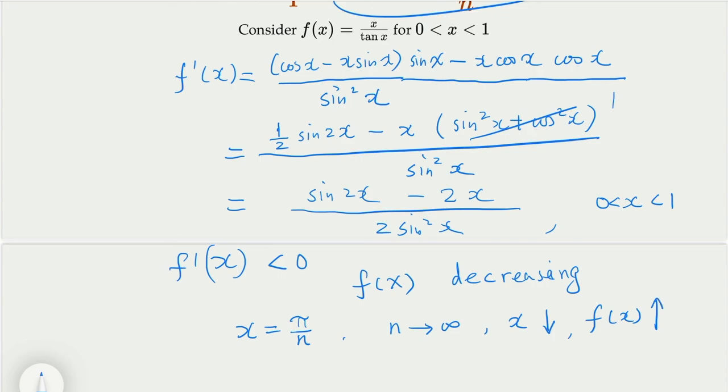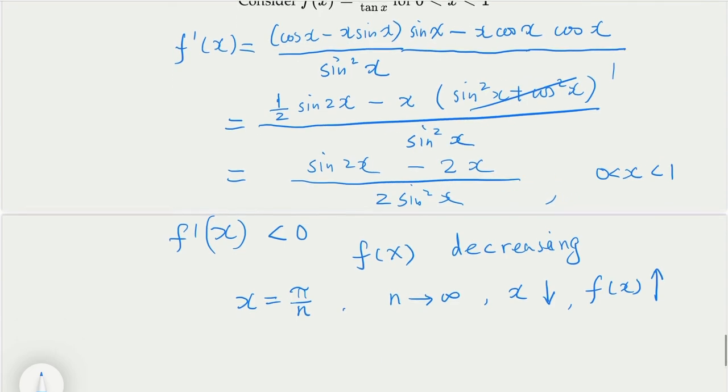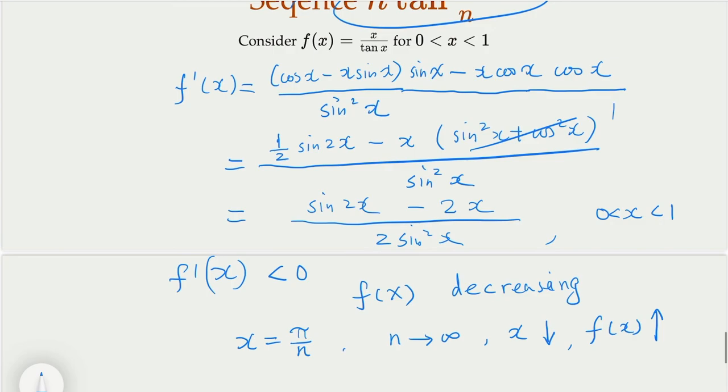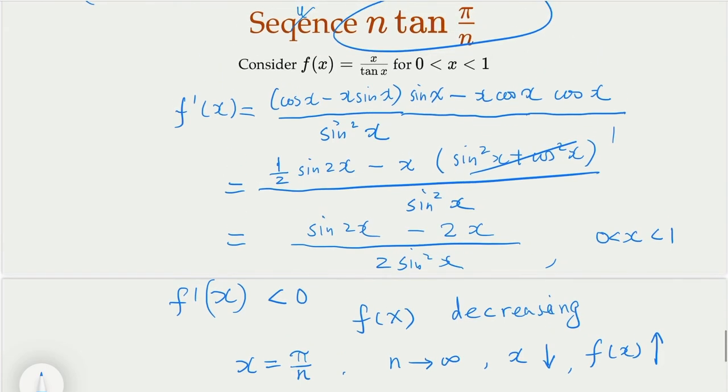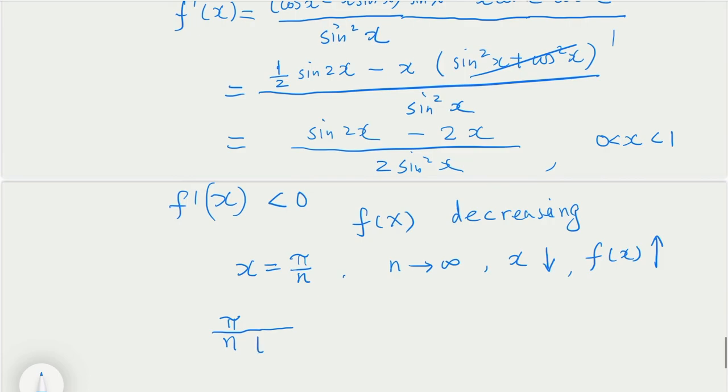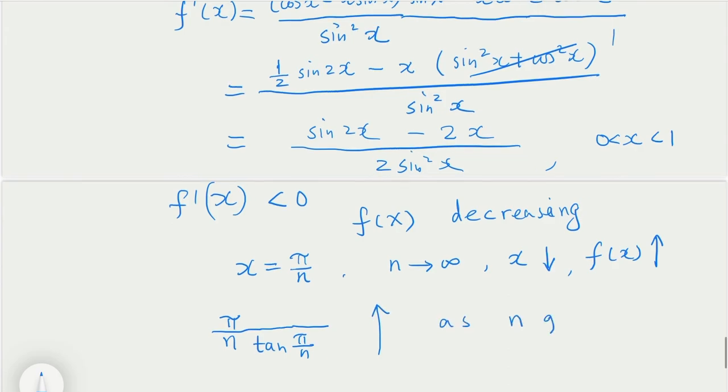In other words, this tangent pi over n is increasing as n gets bigger.